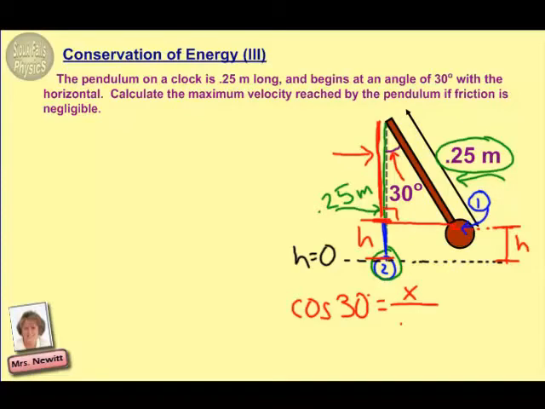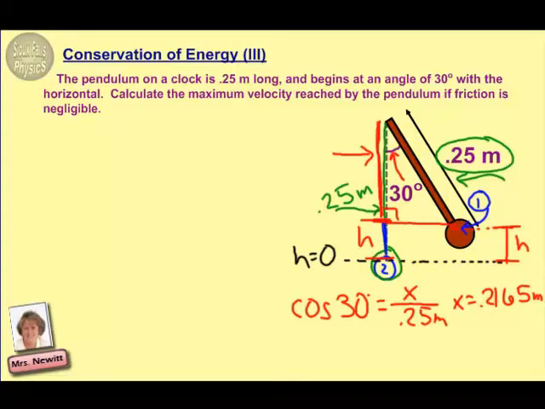That's divided by the hypotenuse of 0.25 meters. Then we find that x is equal to 0.2165 meters. And again, you probably don't need to write out all those sig figs, but do keep them in your calculator because you're going to want to use them here in a minute.